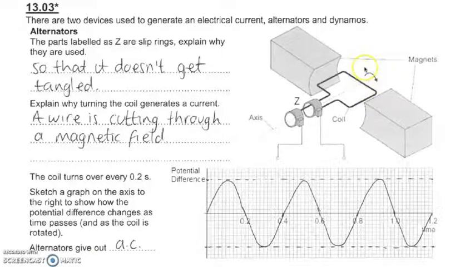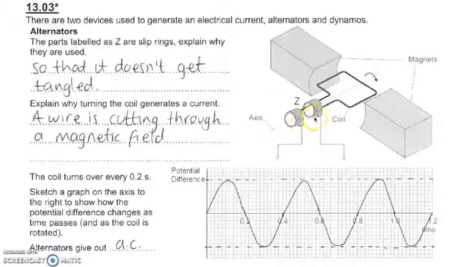Somebody is obviously twirling this coil around, or it could be connected up to a turbine in a power station. Essentially, we want a smooth rotational movement, and that's the purpose of these slip rings.